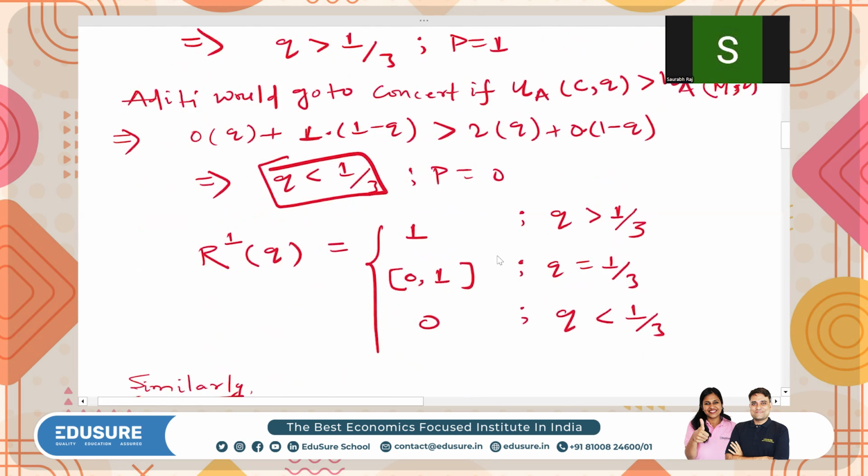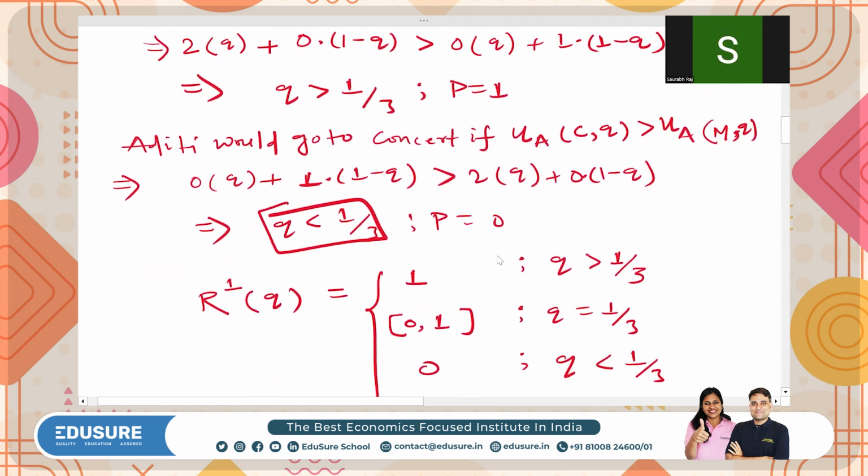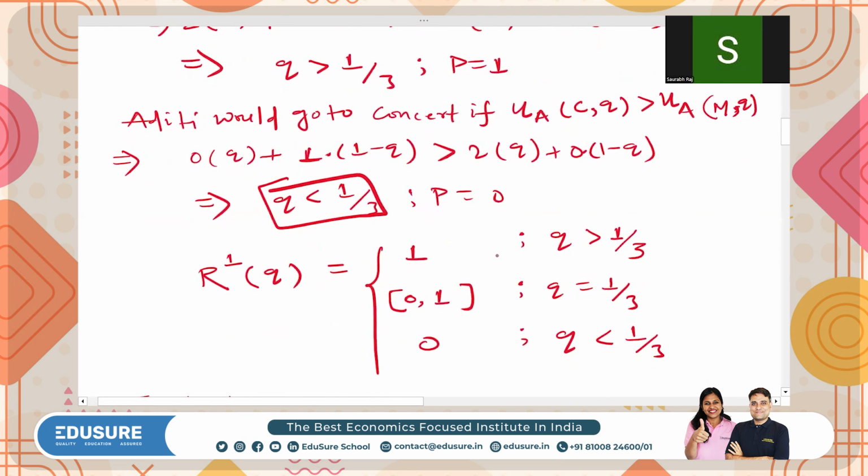Then we will write the reaction curve of Aditi. Instead of R1, you can take RA. So it will be 1 when Q is greater than 1 by 3, and it will be 0 if Q is less than 1 by 3. And there is also an equality condition, which tells that it will be between 0 and 1 if Q is equal to 1 by 3.